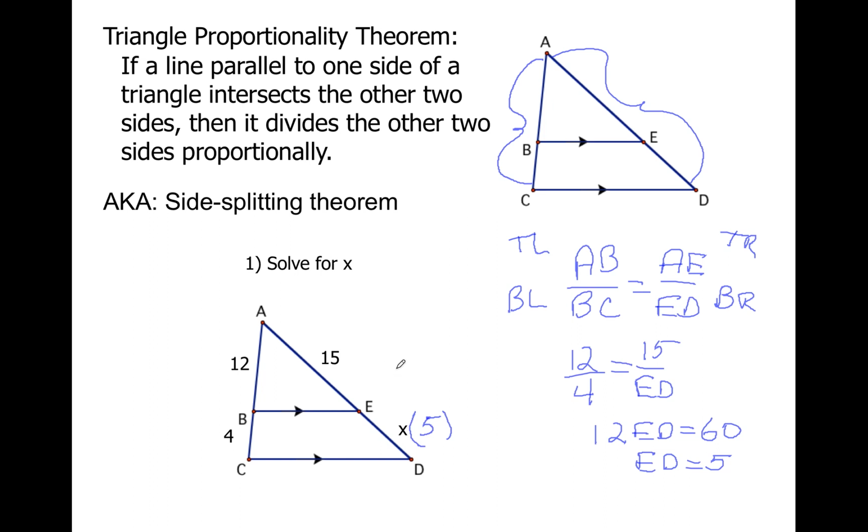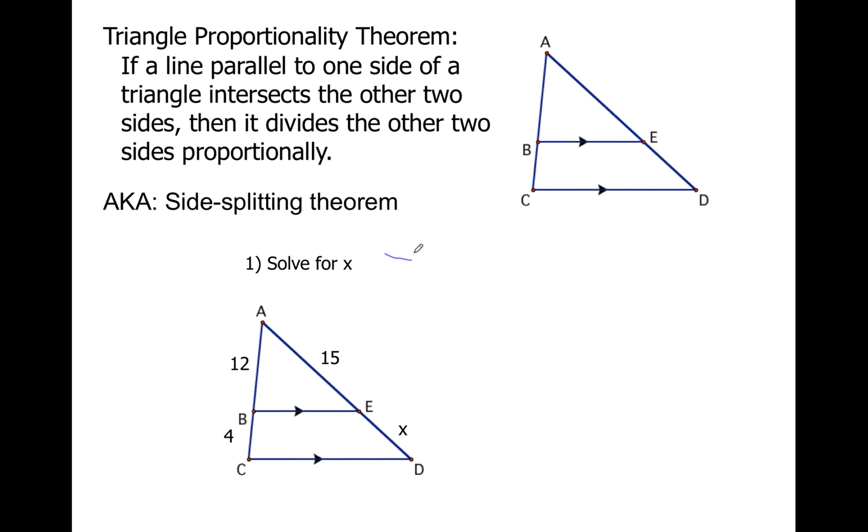Now, if you don't want to use the side-splitting theorem, you can always go back to Old Faithful, which is going to be similar triangles. So triangle ABE is similar to triangle ACD.